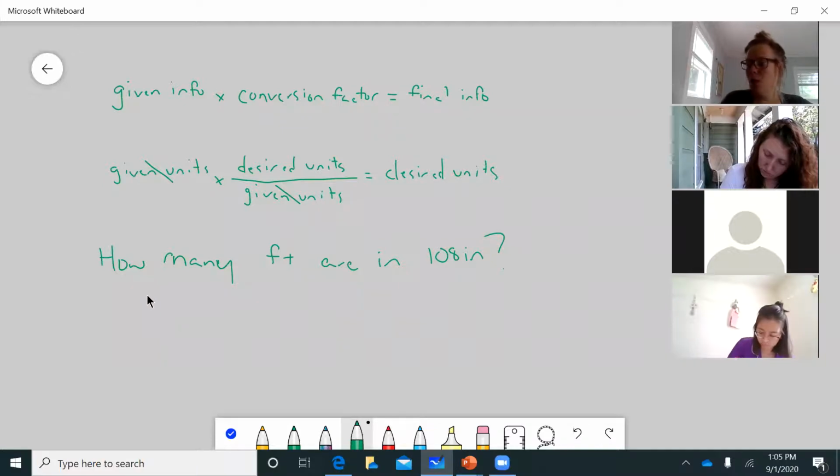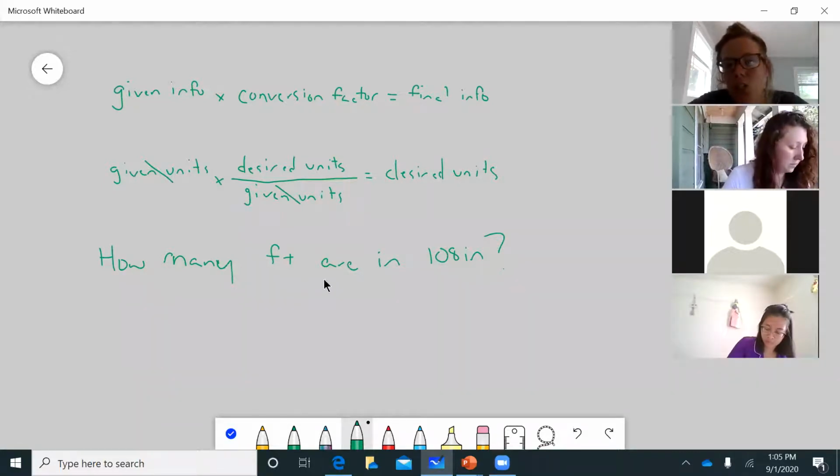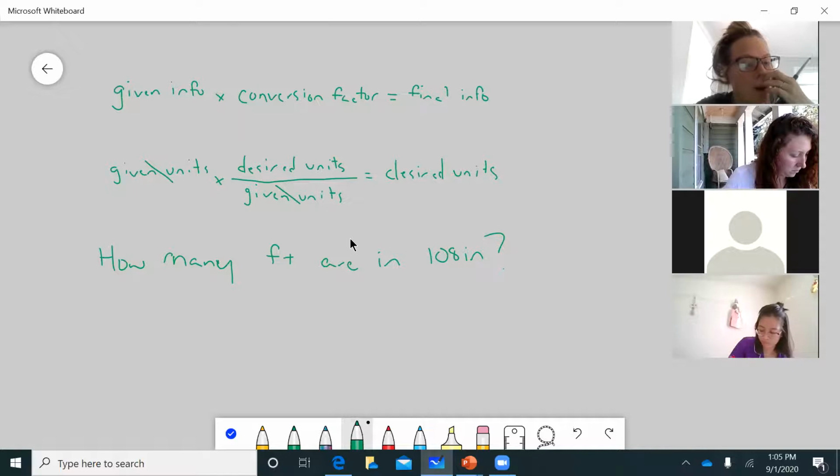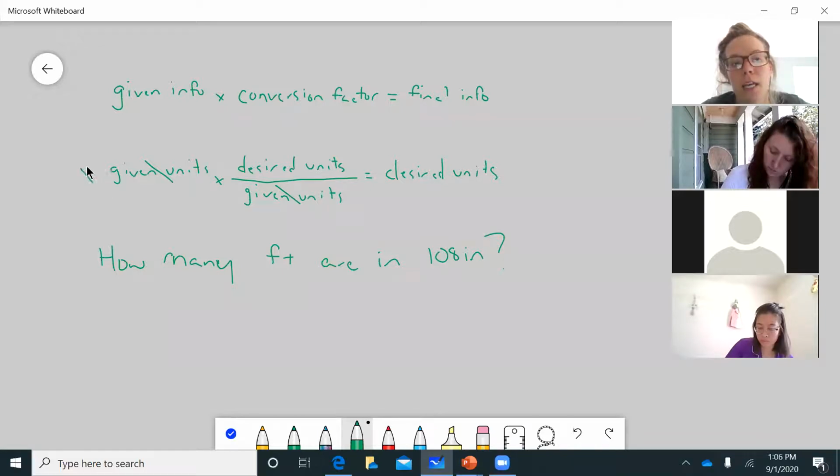I'll walk you through this one, and then we'll do it together, and then I'll have you do the next one. When looking at this, because we're so comfortable with feet and inches, those things are so synonymous with everyday life that you probably are just thinking, oh, I'll just take 108 and divide it by 12. But I want you to get in the habit of working it in dimensional analysis.